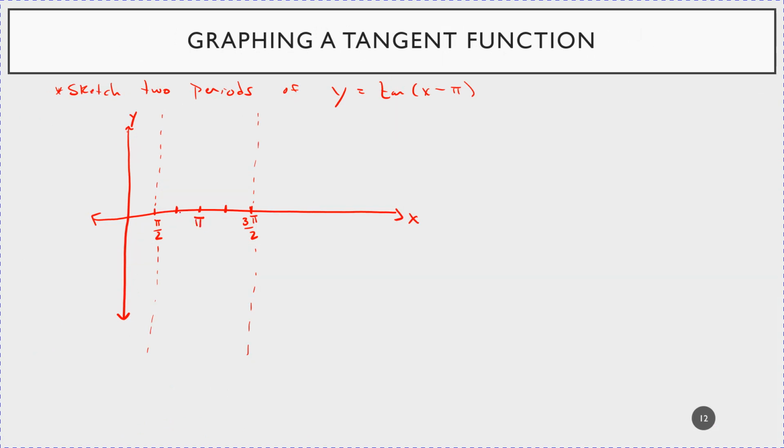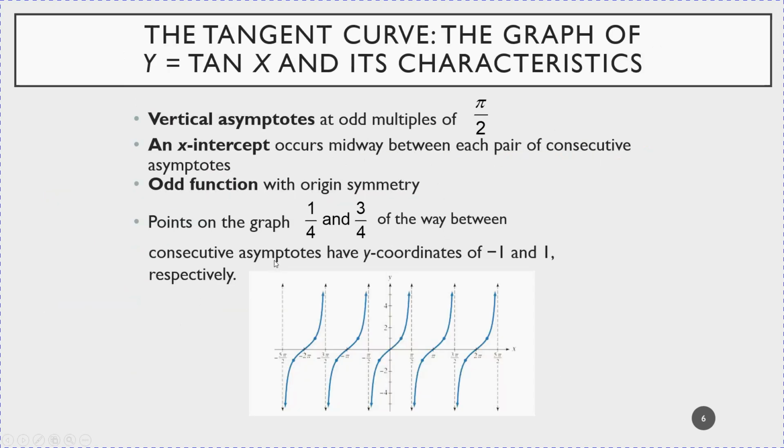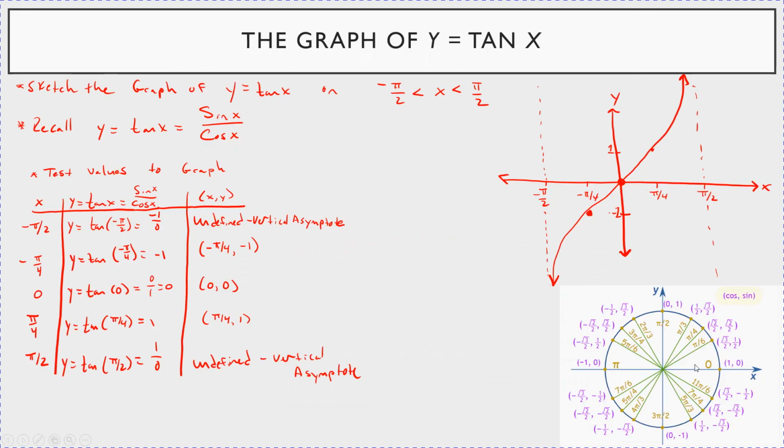Well, how do I find the midpoint between pi over 2 and pi? Just go back to the unit circle. What falls between pi over 2 and pi? It's 3 pi over 4. And what falls between pi and 3 pi over 2, right in the middle, is 5 pi over 4. So the unit circle can help you find the values on the x-axis for these simple ones.